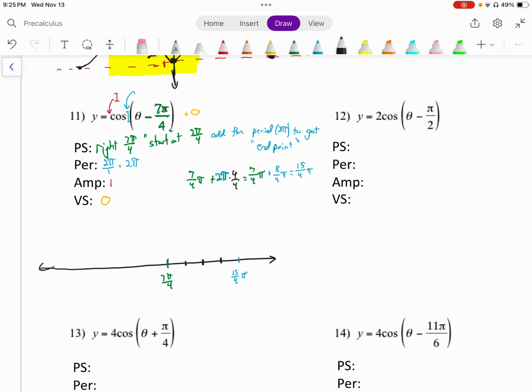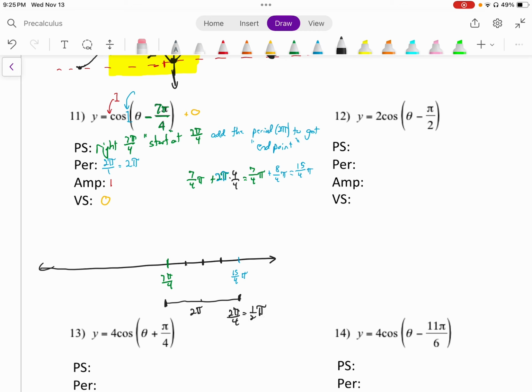So I've been doing this one way. Let me just show another way. The period is 2 pi. So from the starting point to the ending point, this length here is going to be 2 pi. We're splitting 2 pi into 4 equal parts, which is 1/2 pi.